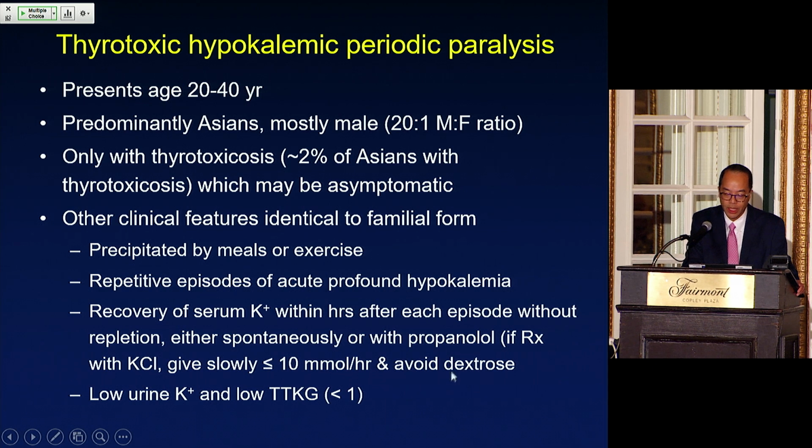Okay, so the point here is these patients are not whole body K depleted, and giving large amounts of K repletion is potentially dangerous because it can cause hyperkalemia. Small amounts of K repletion are fine, and obviously to detect the underlying cause, you would want to check thyroid function.